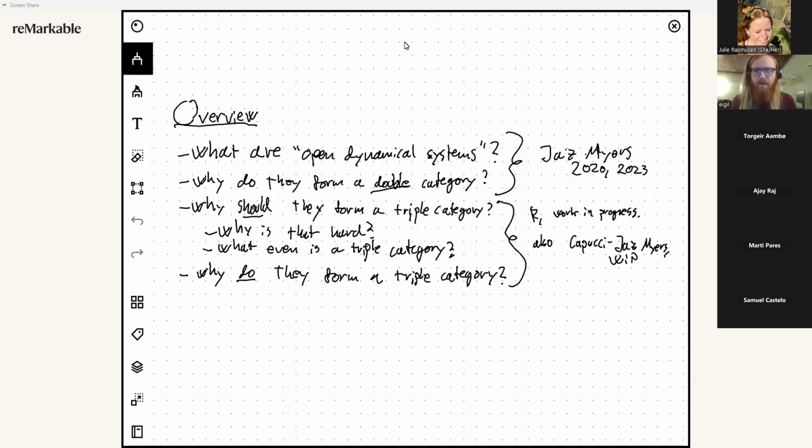Before I explain what I mean by that, I'm going to start by introducing this framework of open dynamical systems. There's a very general way of talking about dynamical systems that I'm going to introduce, and these naturally form a double category.